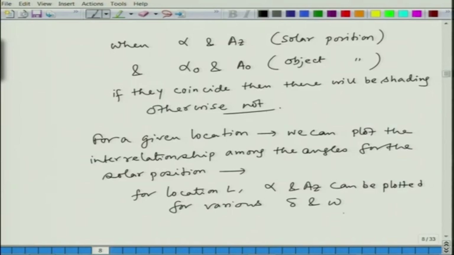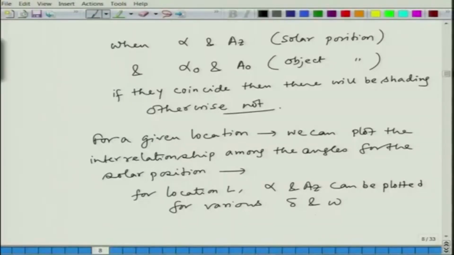And so, these are the variable angles, but for a fixed location, let us fix the location in terms of the latitude, and then let us keep two variables dependent and two variables independent. Okay, that is what we do.